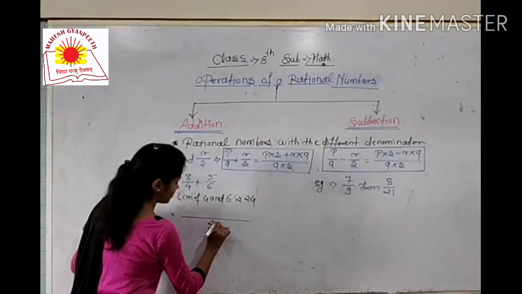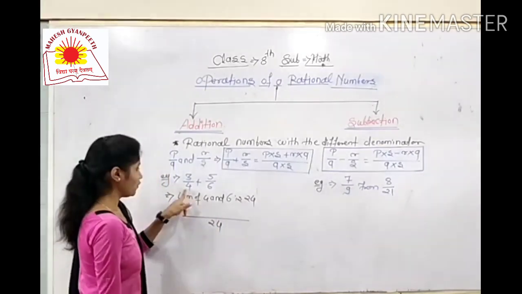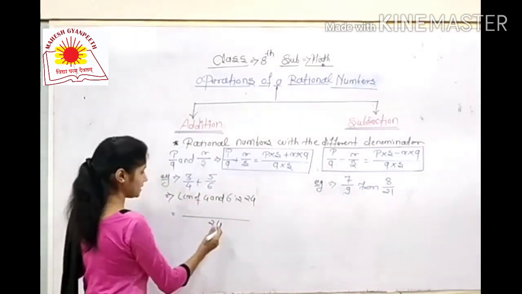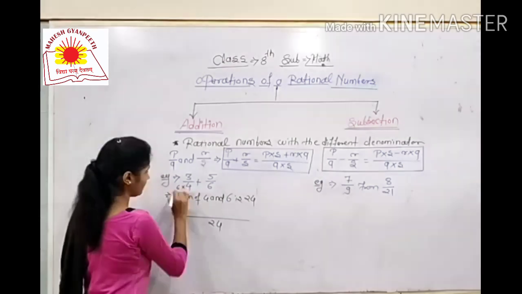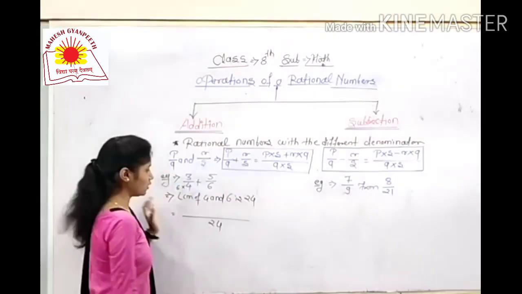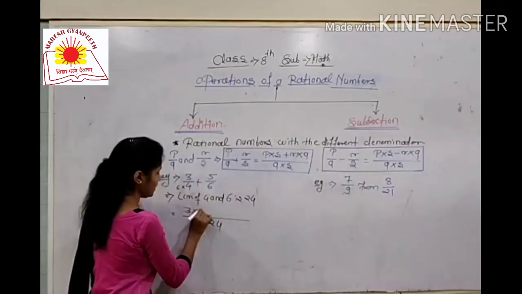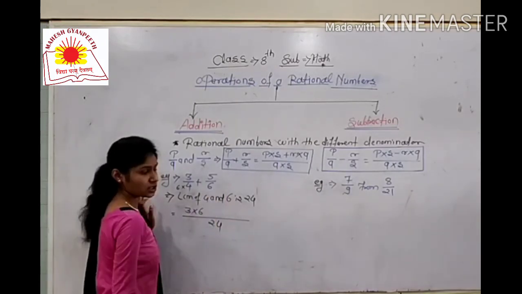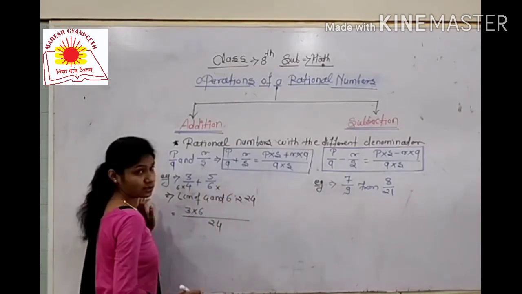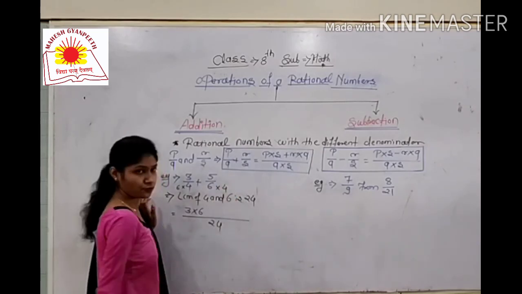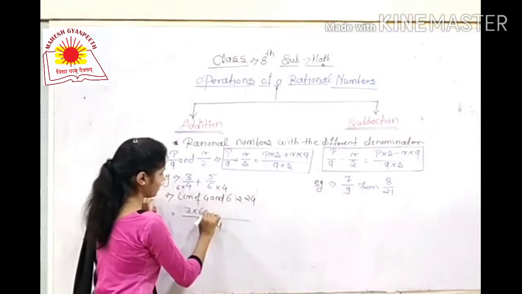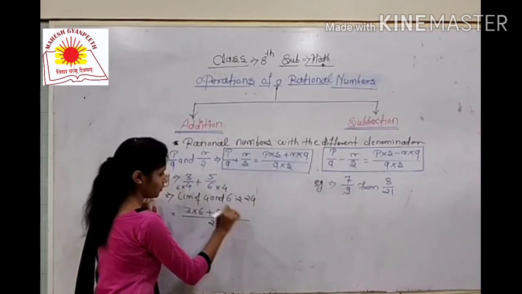Write the LCM 24. 4 multiplied by 6 gives 24, so 3 is multiplied by 6. 6 multiplied by 4 gives 24, so 5 is multiplied by 4.